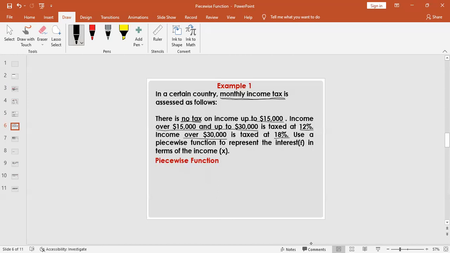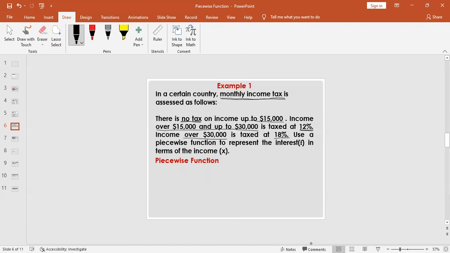So we go now to the second sentence. Pag yung income mo daw ay mas mataas kaysa sa $15,000, pero hindi tataas sa $30,000 kasi ang nandyan is up to hanggang sa $30,000, meron na siyang 12% na tax.